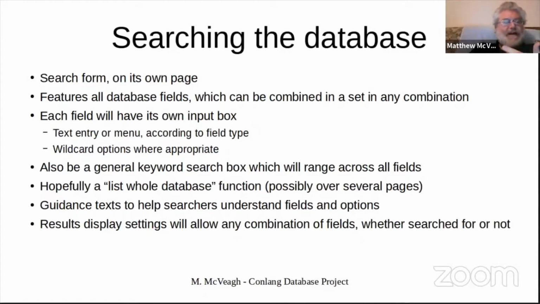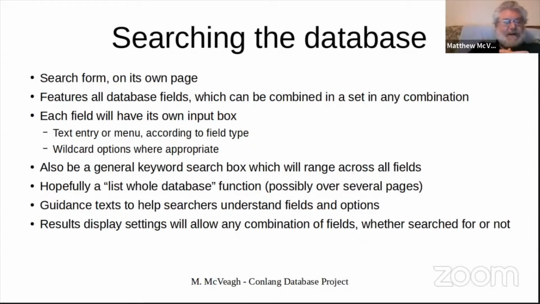All of the search terms, the questions, the fields will have guidance texts. There will also be guidance texts for the input form. So when people are inputting a conlang, there will eventually be some text there to help them understand what the field is about, what the options are. And it should also be possible to specify which of the fields you want to be displayed.